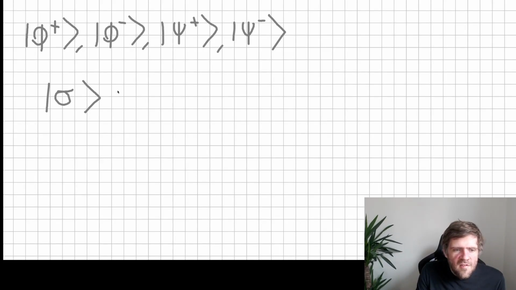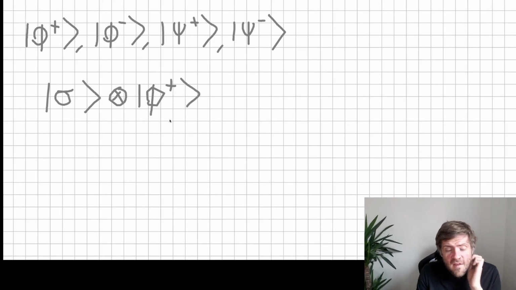So what we are going to do is start off with a state where we have our unknown quantum state, but also a pair of qubits in the state phi+. And here the unknown quantum state is going to be in the possession of Alice. And one half of this entangled pair is going to be in the possession of Alice. And the other half of this entangled pair is going to be in the possession of Bob.